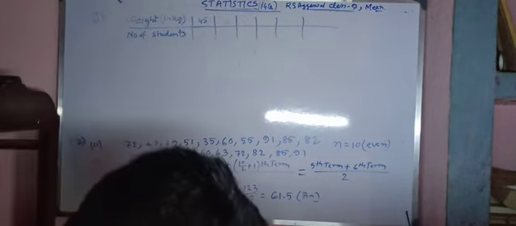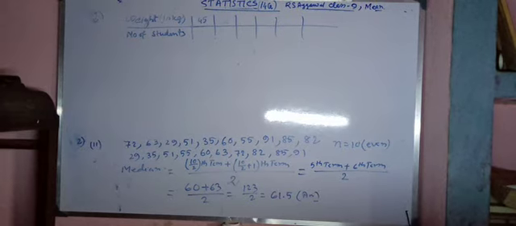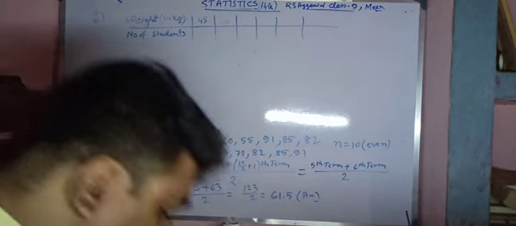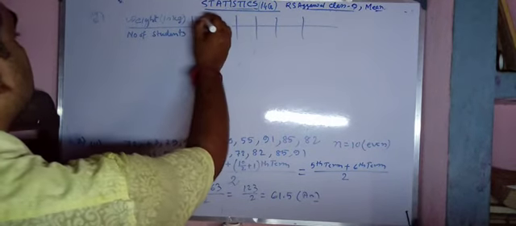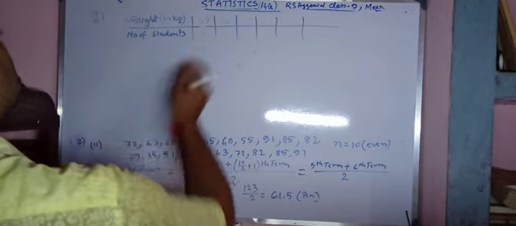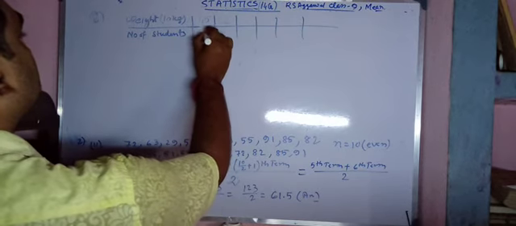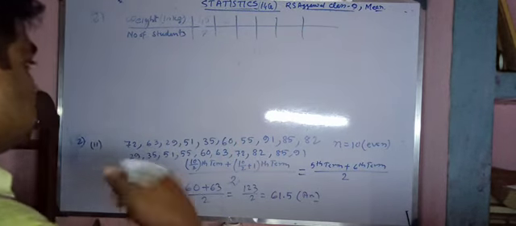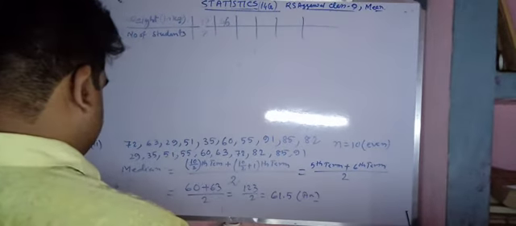Viewers, give me 1 minute. So the weight is 45 and this is 8. Next 46 and this is 5.